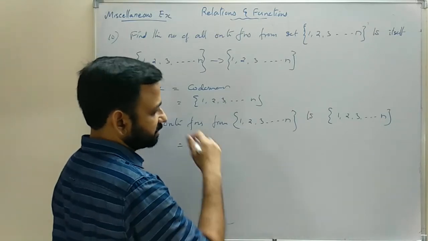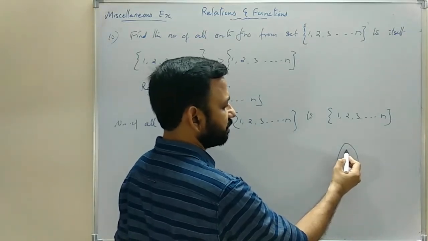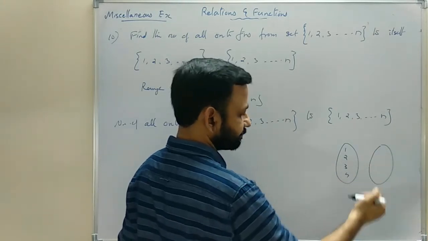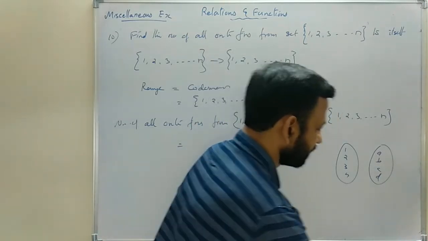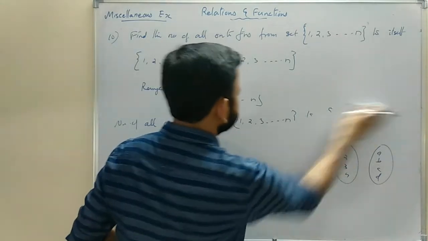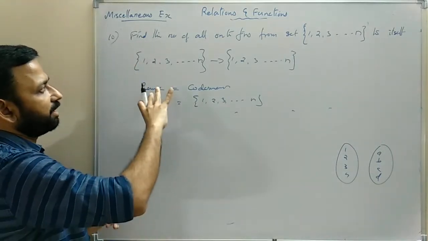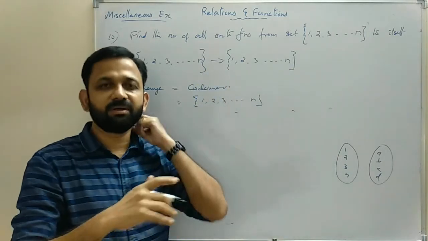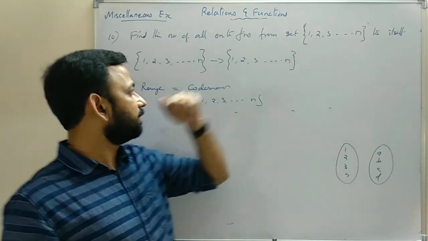Suppose here we have elements 1, 2, 3, 4 and A, B, C, D. Range is equal to codomain, and this is a function from {1, 2, 3, ..., n} to {1, 2, 3, ..., n}.